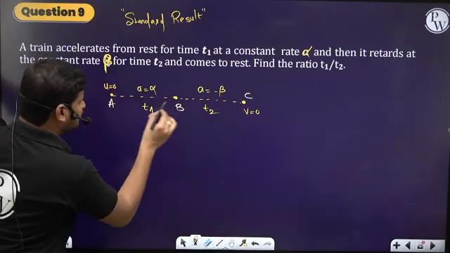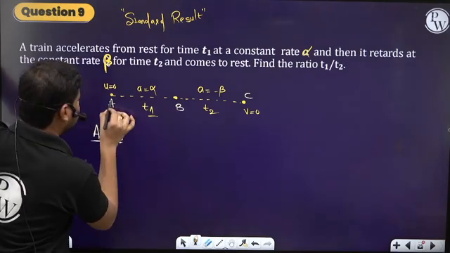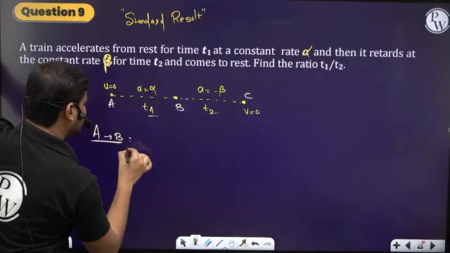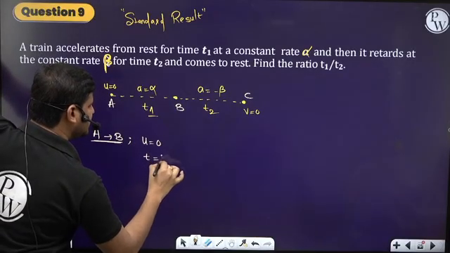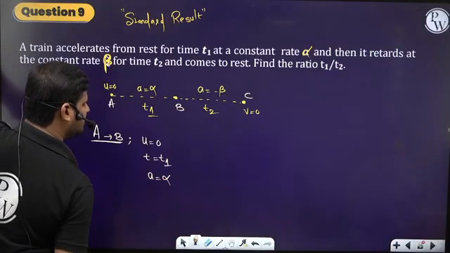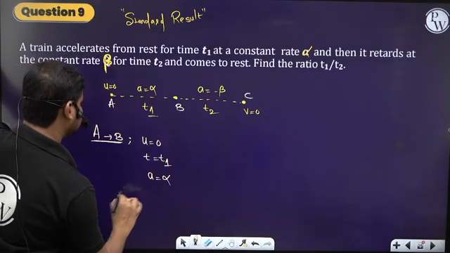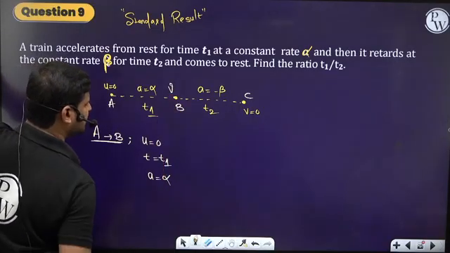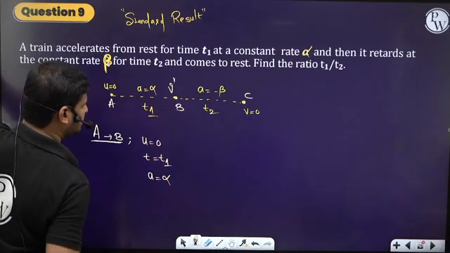First let me consider the motion from A to B, where the initial velocity of the body is 0, the time taken t is equal to t1, and the acceleration a is equal to alpha, right? Let the velocity here be v dash.